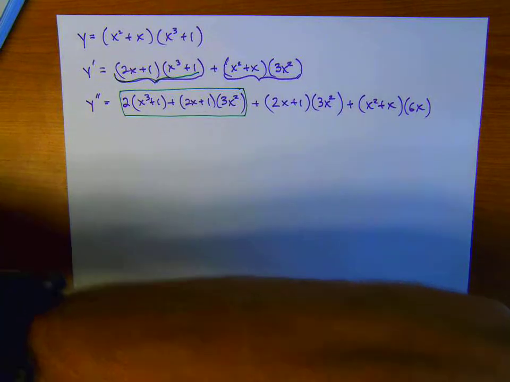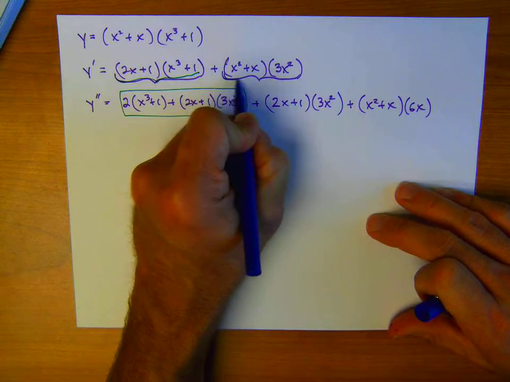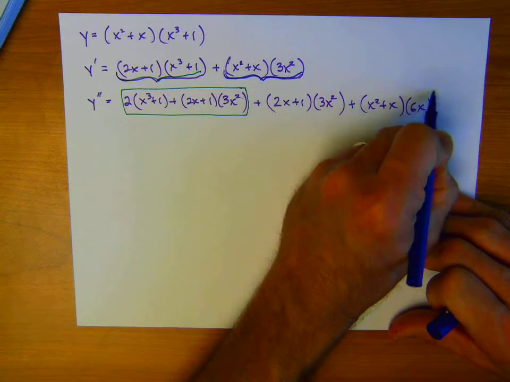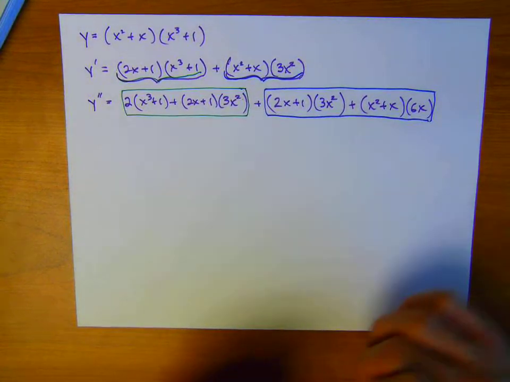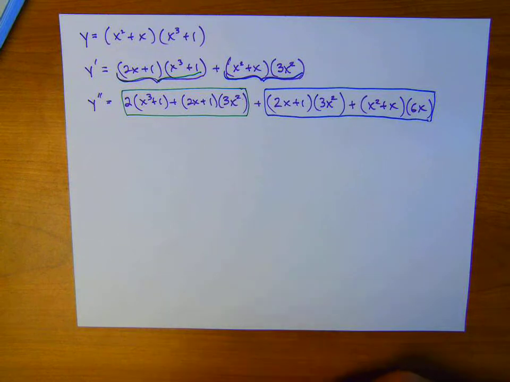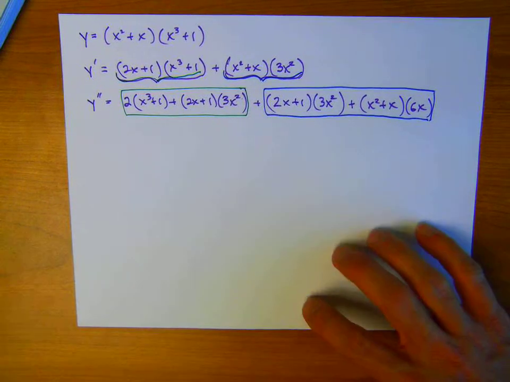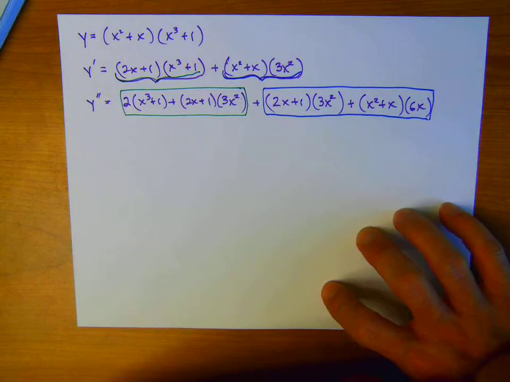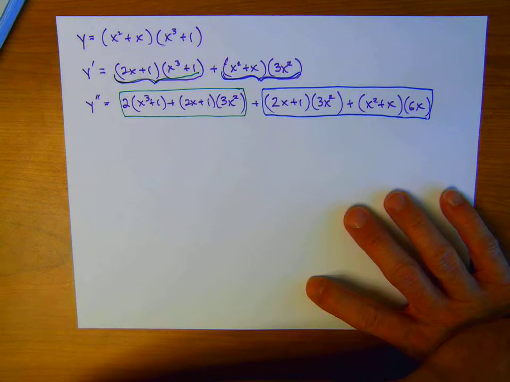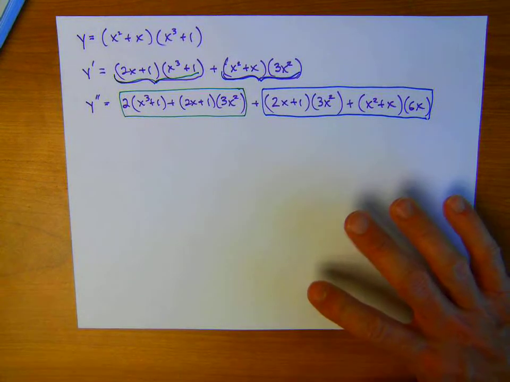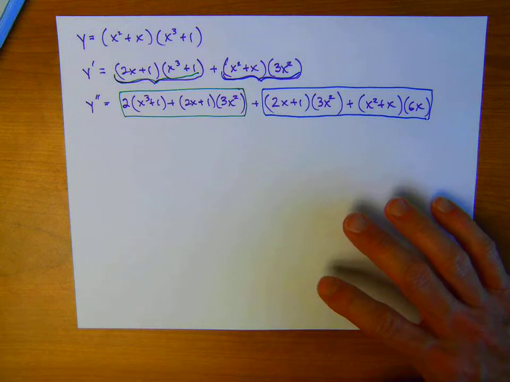So for this part, this is the application of the product rule to get that part of the derivative. So here's the second derivative. Again, it's a mess. We could clean it up, but that's not the point of this lecture. It's just looking at second derivatives, and in this case, second derivative applied using the product rule. Okay, so much for that example. Let's take a look at another one.